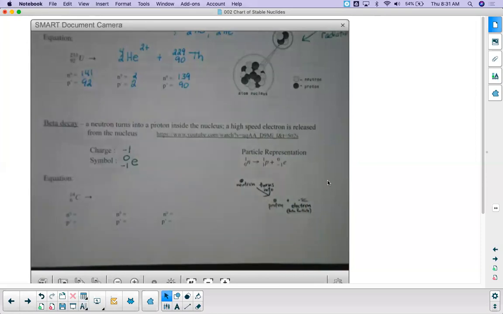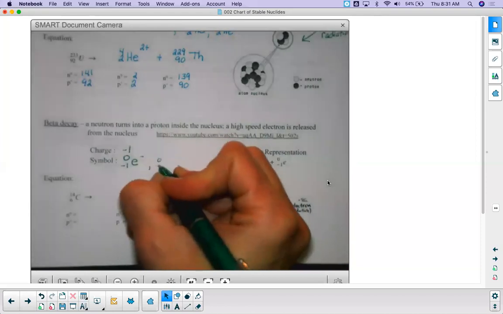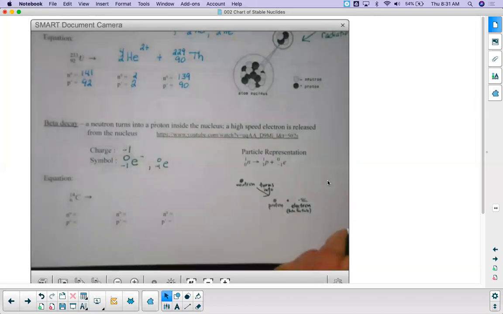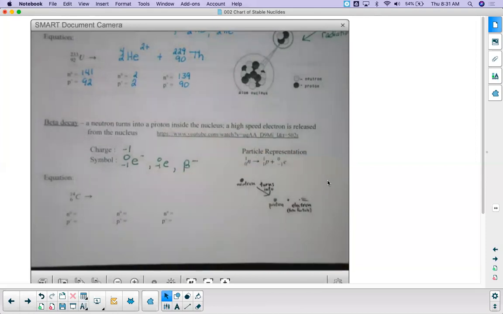So we can have 0 -1 e. Sometimes you'll see that negative sign. Sometimes you won't. But you're also going to see the Greek symbol, beta, and it's always going to have the minus sign because there's actually a beta positive as well. So these are possible symbols for beta decay.